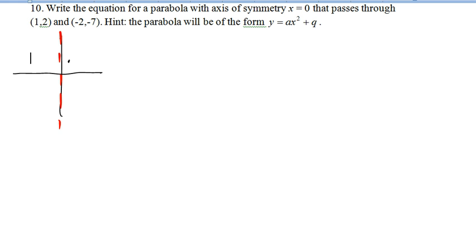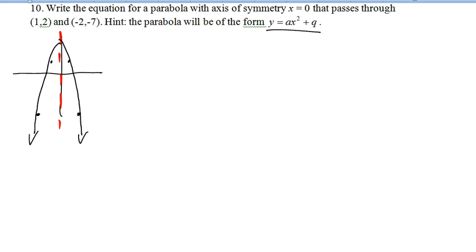And it's also going to go through the point (-2, -7). Because of the axis of symmetry, we also know we have a point at (-1, 2), and a point at (2, -7), which means our parabola is going to look like that.